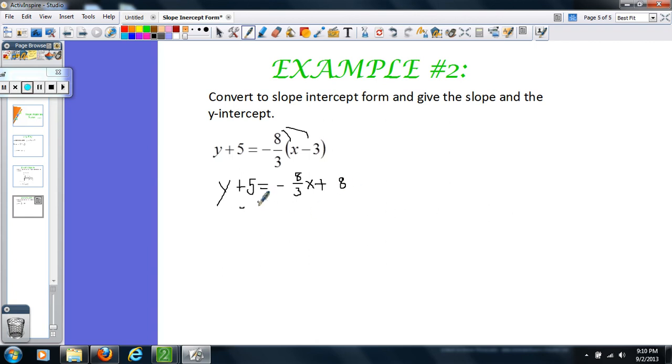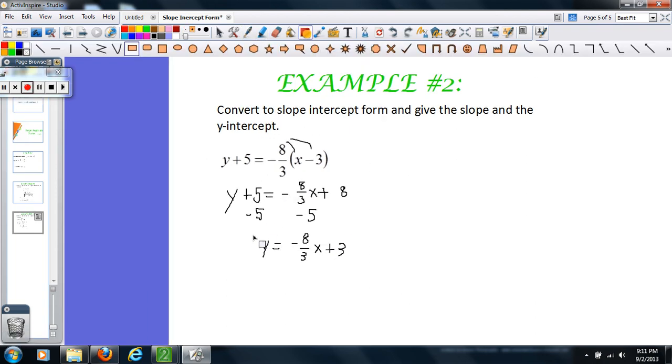And now I'm going to subtract 5 from both sides, and I get y equals negative 8 over 3 x, and 8 minus 5 is going to be plus 3. Here is my equation in slope-intercept form.